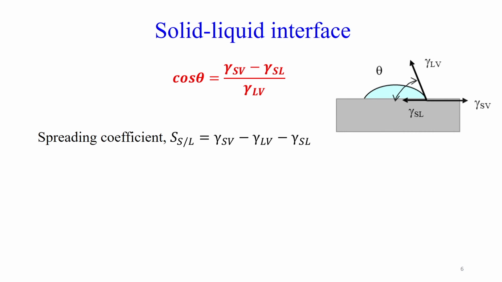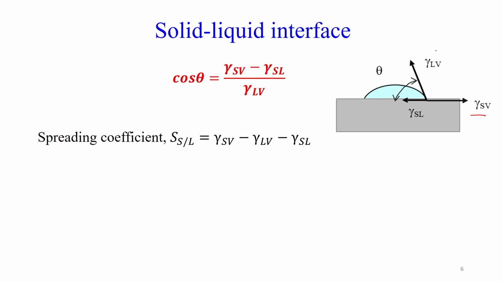Now, let us consider the case of solid liquid interface. So, this is the solid, we are going to have solid vapor surface tension, you are putting a drop of liquid, it will form a certain contact angle, and based on the contact angle we should be able to comment whether it is a hydrophilic or hydrophobic surface.